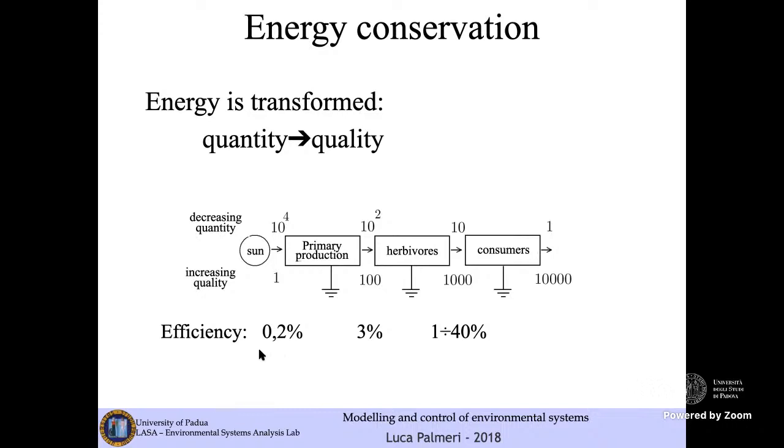This means that 1 joule of solar energy is converted to another 1 joule of another type of energy with an efficiency of 0.2%. So this means that, for example, you need 200 joule of solar energy to produce 1 unit of primary production.